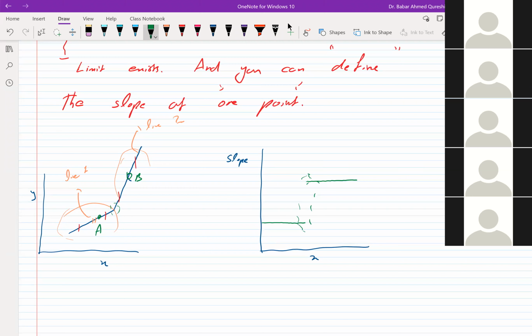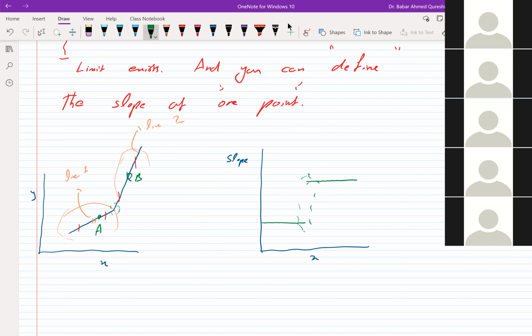So what we have learned is that the slope for a hill, and hill for us will become a general metaphor for any function of one variable, can change from point to point, because hill steepness can change from point to point.